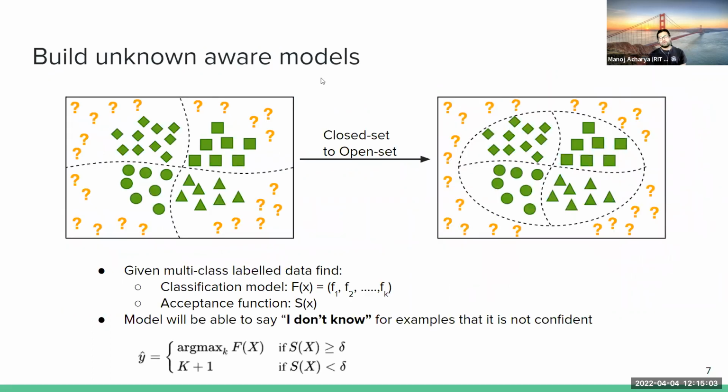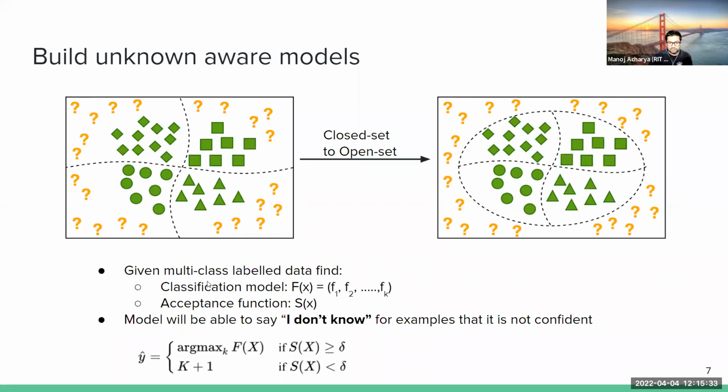So how do you build an unknown-aware model, right? This is your closed set assumption, and we want to move into an open set assumption. You can see this is a four-way classifier, and this now becomes a five-way classifier where you are rejecting the unknowns, which are the samples that are far away from any of the classes known to the classifier.